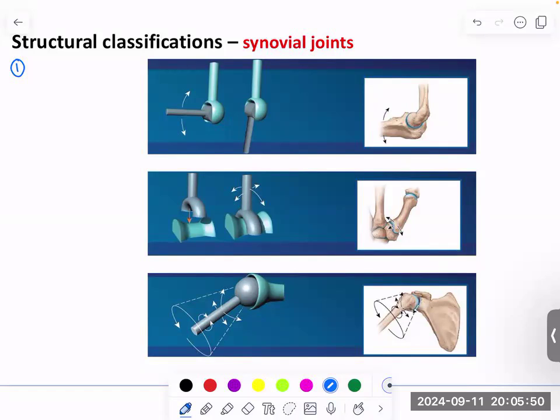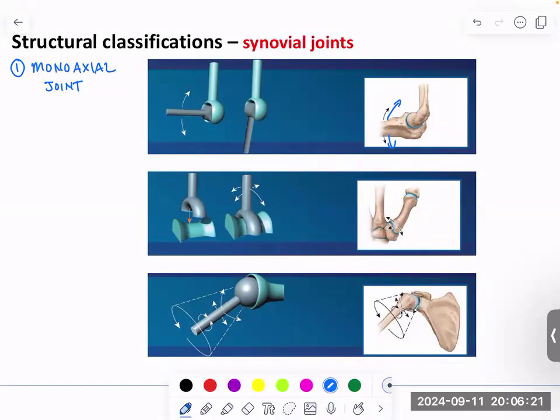It just moves on that axis and that axis alone. You extend it and flex it. That's all you can do across the joint. Extend and flex along one axis. This is called a monoaxial synovial joint. One axis, it can only go this way or this way. That is it.